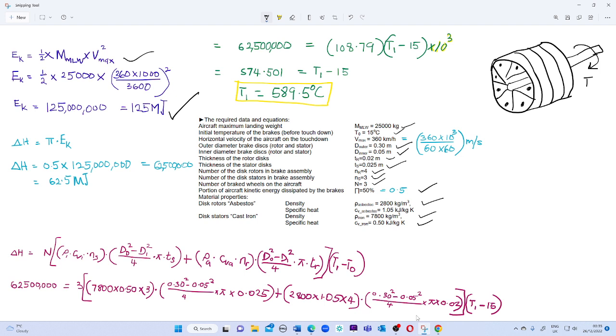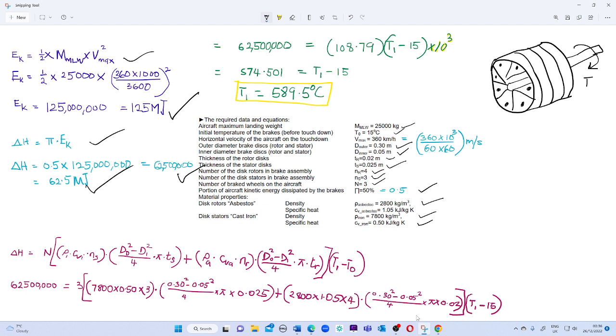Also, by calculating the heat generated while the aircraft is landing, we take the percentage of heat dissipated, which is given as 0.5, multiplied by the kinetic energy calculated. That gives us 62.5 megajoules.